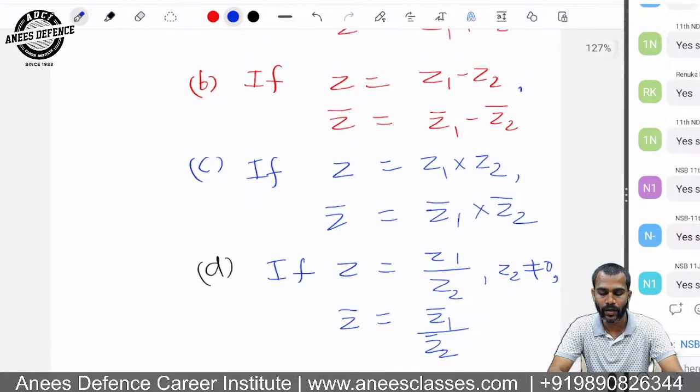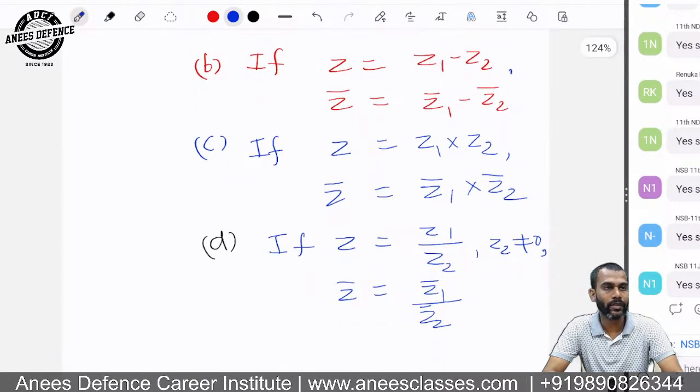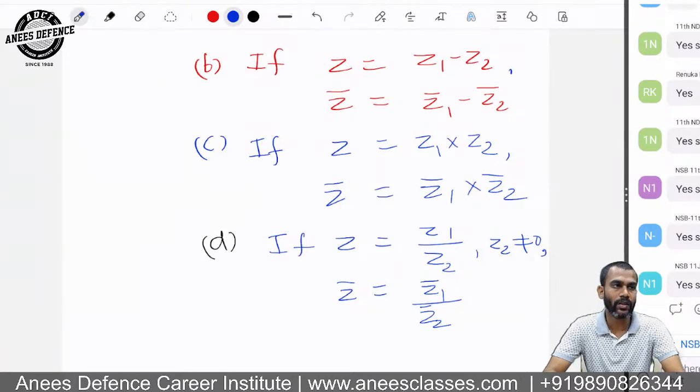I hope it is clear. So it doesn't matter what is there in between Z1 and Z2. Any operation can be there, either addition, subtraction, division, or multiplication. We have to just find the separate conjugates of the given complex numbers, and then apply the same operation or sign.